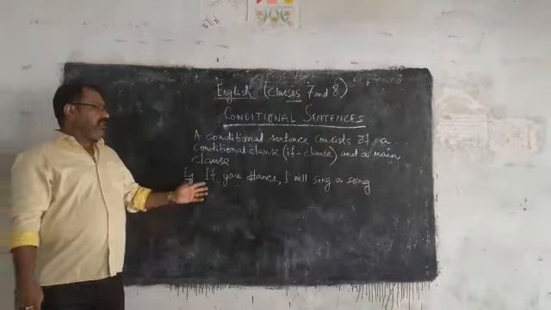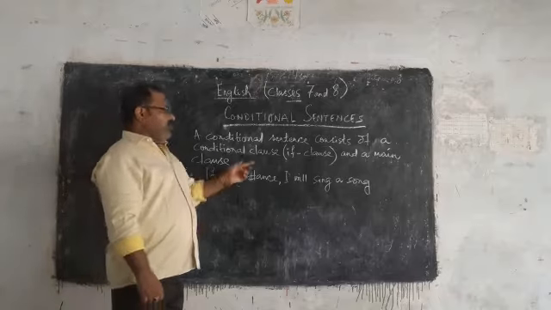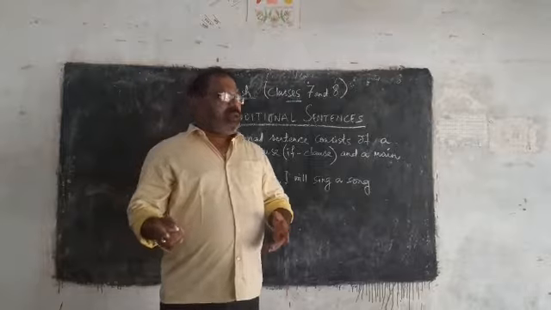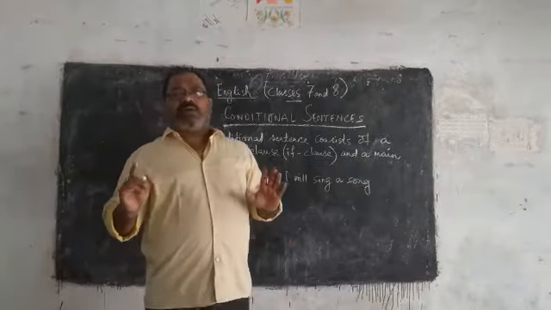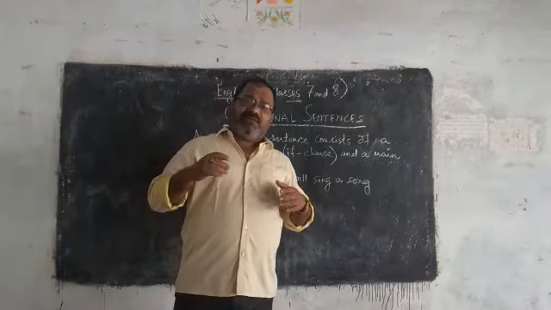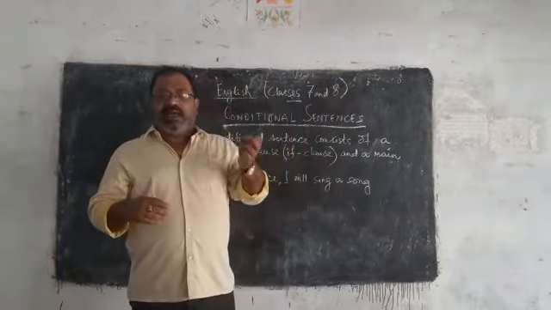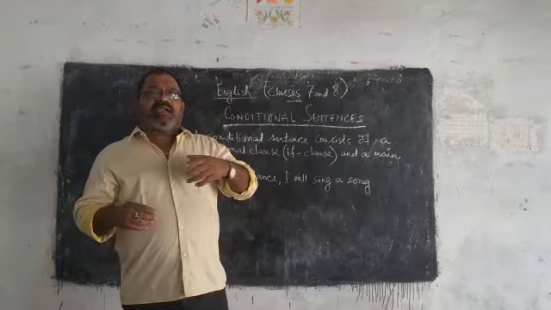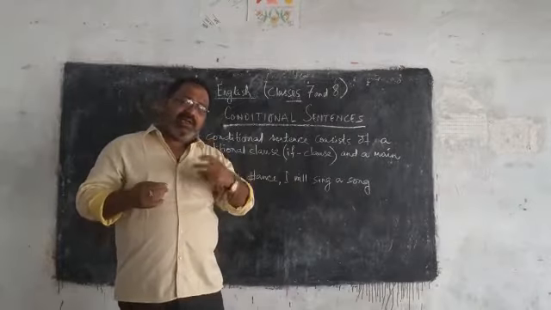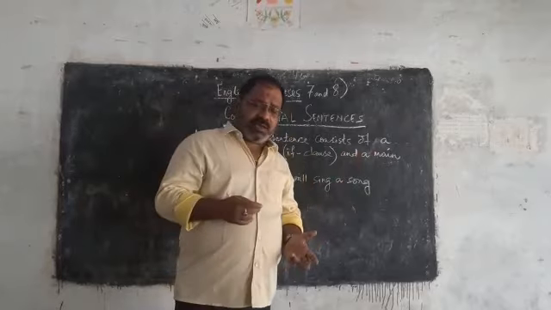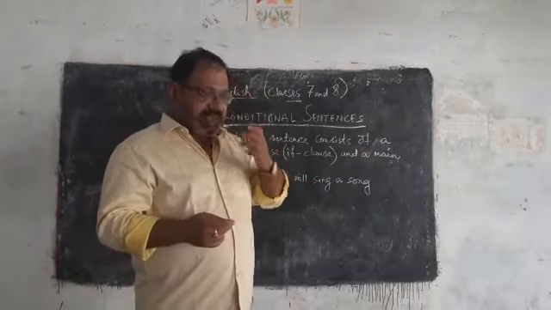This sentence is an if clause. It says, if you dance, I will sing a song. That means, if you dance, then only I will sing a song. And it is implied that if you don't dance, I will not sing a song. This sort of sentence is called the if clause sentence, conditional sentence.